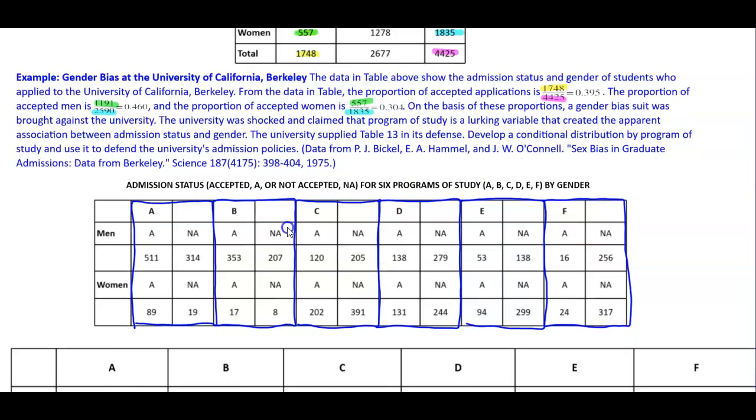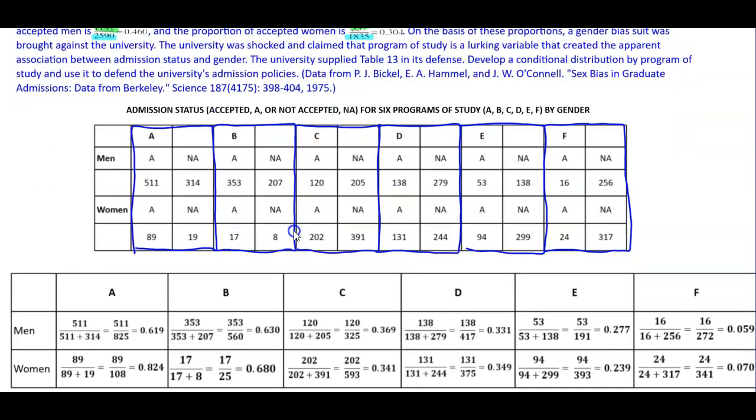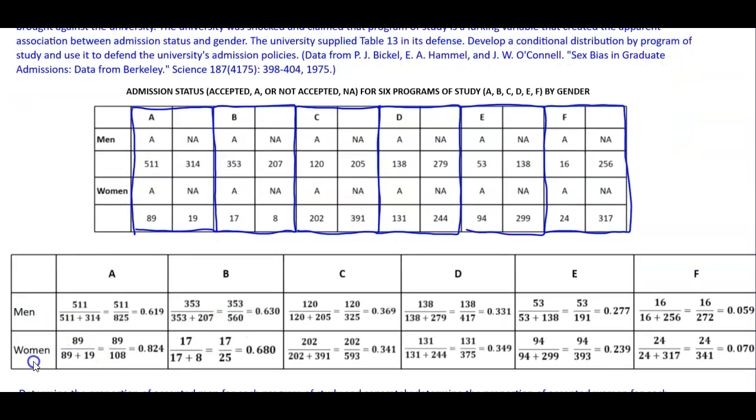So what we want to do is we're going to create the following. We have our men and then women, and you can see at the top we have A. So let's go ahead and take a look at that. If we look at the first program, which is A, there is our A. And we're looking at where it is accepted. So for men, how many were accepted in program A? Well, 511 were accepted.